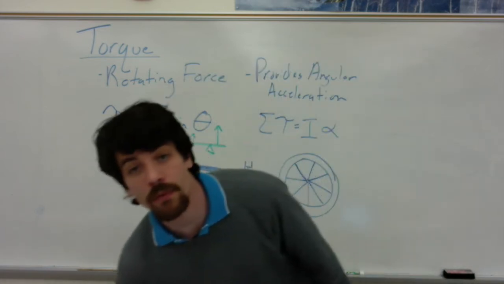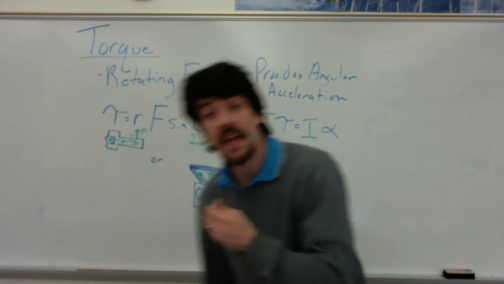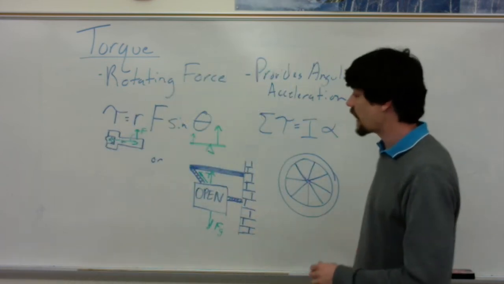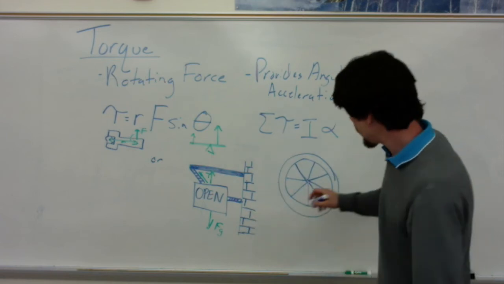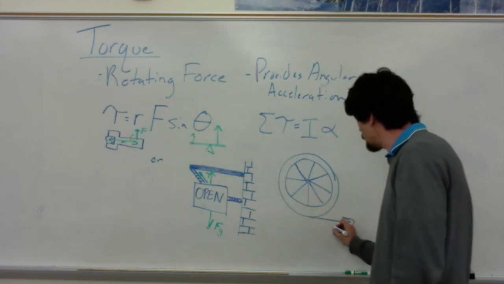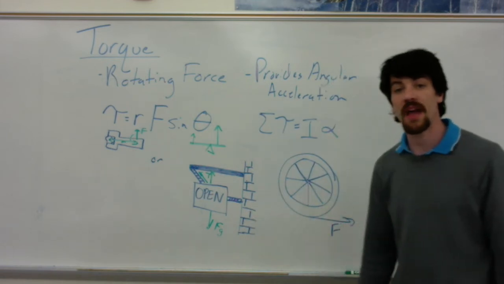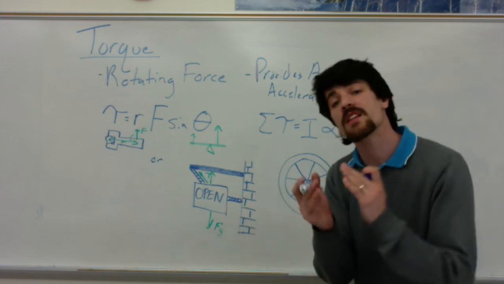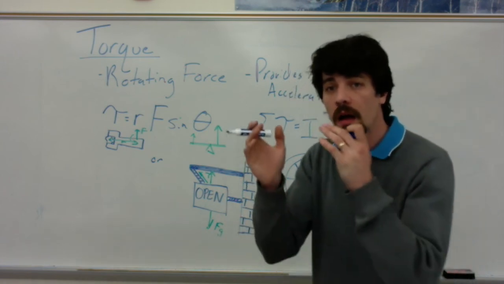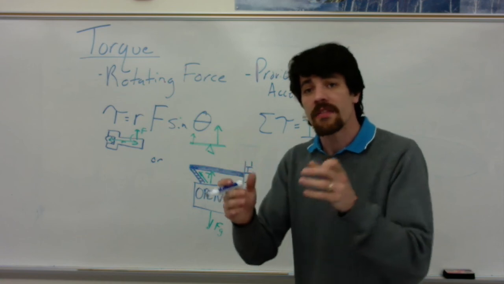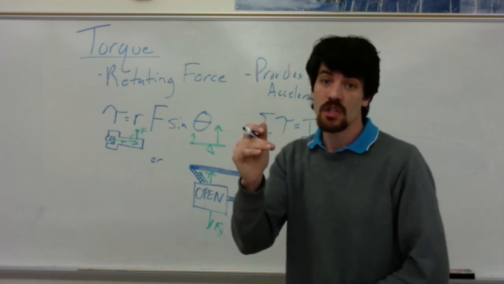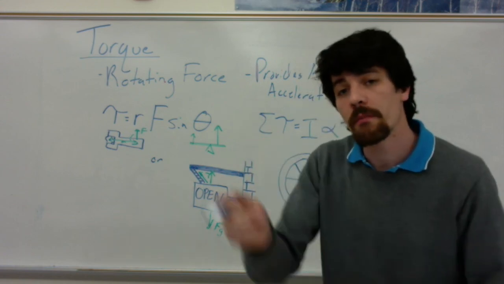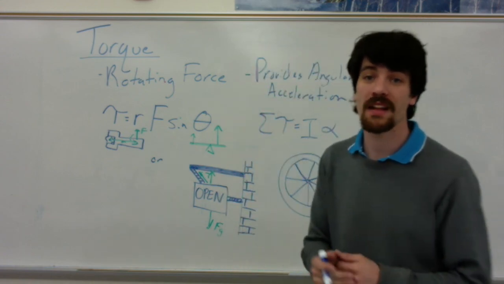So an easy way to see this is if we have a wheel and it spins faster or slower, and we talk about force being applied that way, or we talk about brakes being applied to a wheel, that provides torque to cause the wheel to spin slower, or we could talk about it spinning faster, both of which apply ideas of torque.